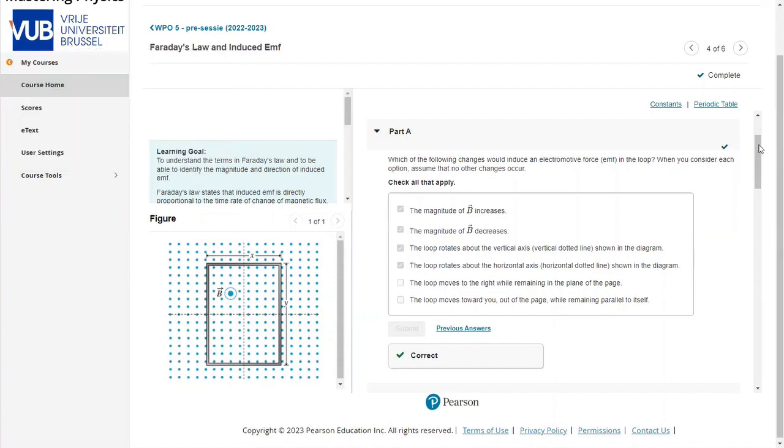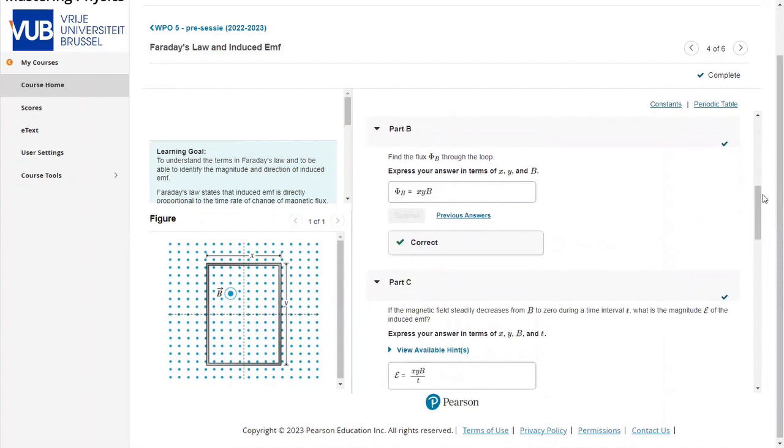Okay, part B: find the flux through the loop.